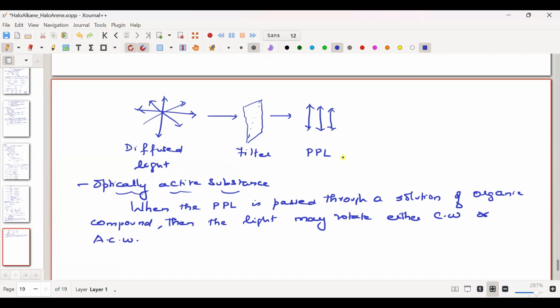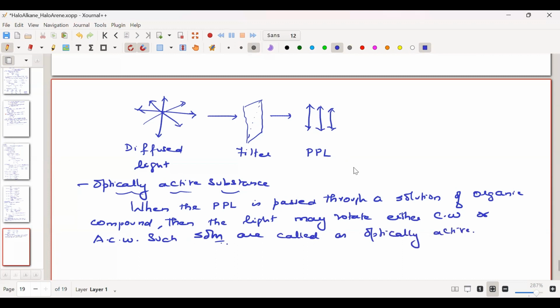Such substances, or such solutions, are called as optically active.